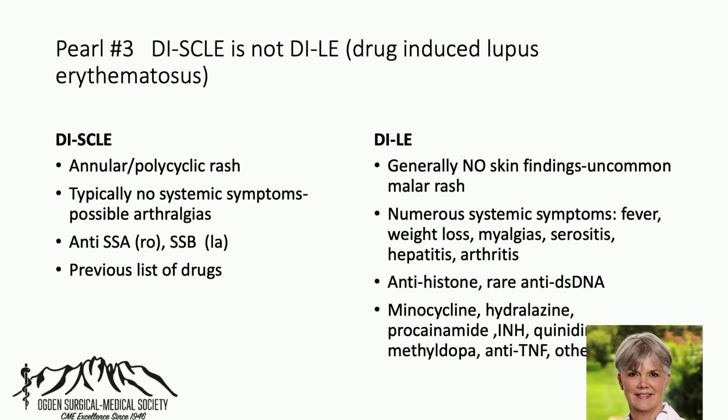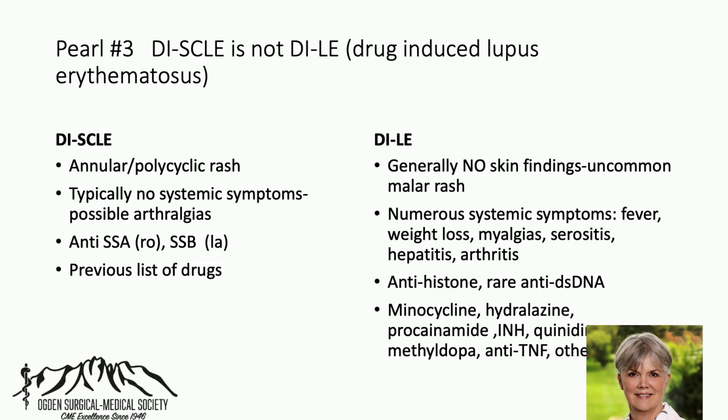All right, pearl number 3: the drug-induced subacute cutaneous lupus that we just discussed is not the same as the drug-induced lupus you learned about in medical school. They are 2 different categories. With drug-induced subacute cutaneous lupus, you'll have that peculiar annular rash, typically no systemic symptoms, usually don't have SLE, and have a positive SSA, SSB.